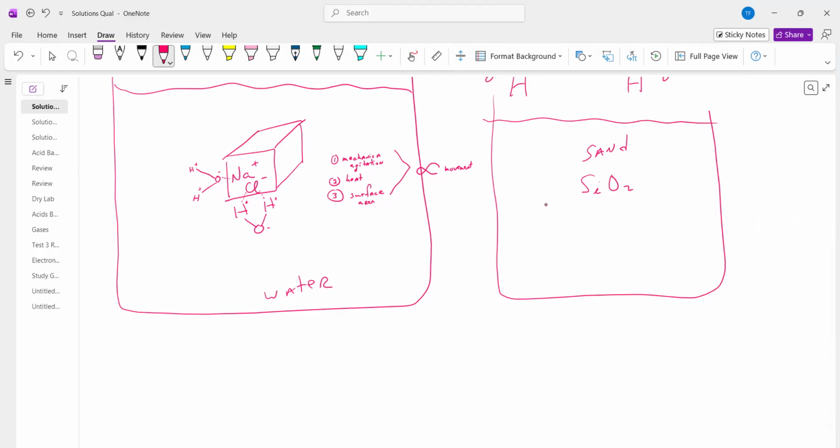So we have two factors that are kind of fighting each other, two forces. One is called the crystal lattice force. That's what keeps the crystal together.